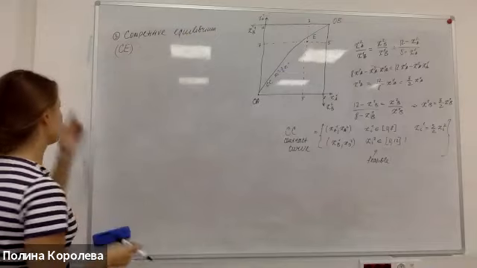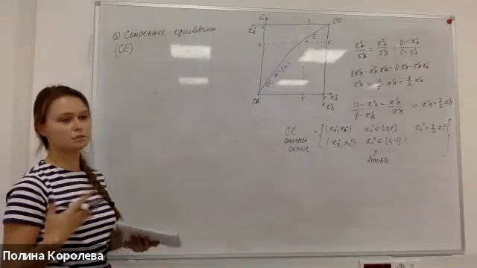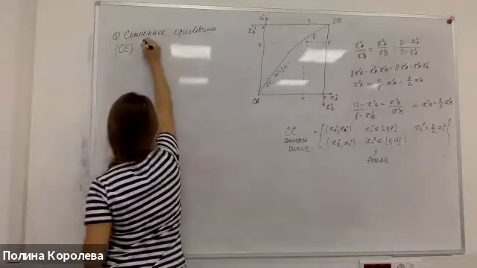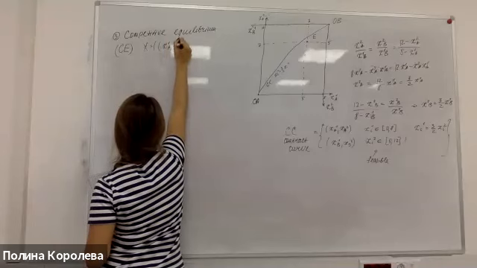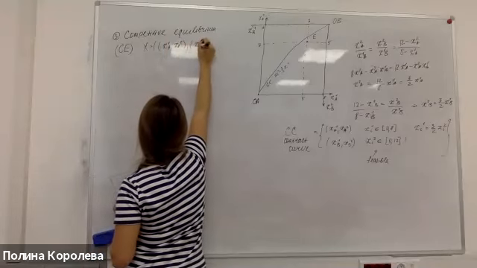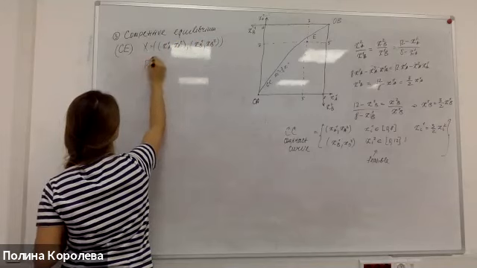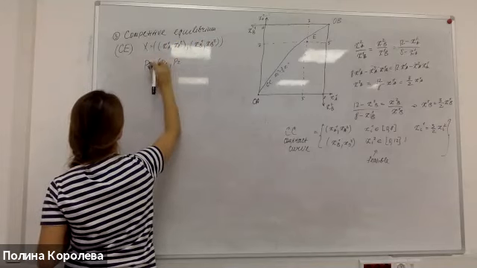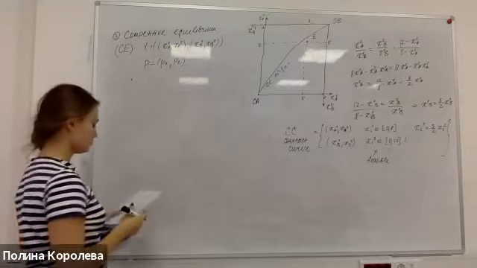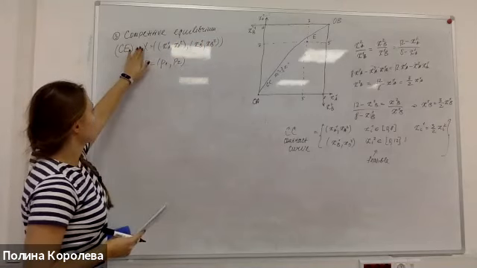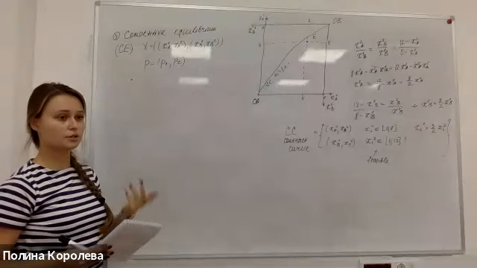What does that mean? A competitive equilibrium consists of the equilibrium allocation and the price vector, such that this allocation maximizes the utilities of our individuals subject to the budget constraint.